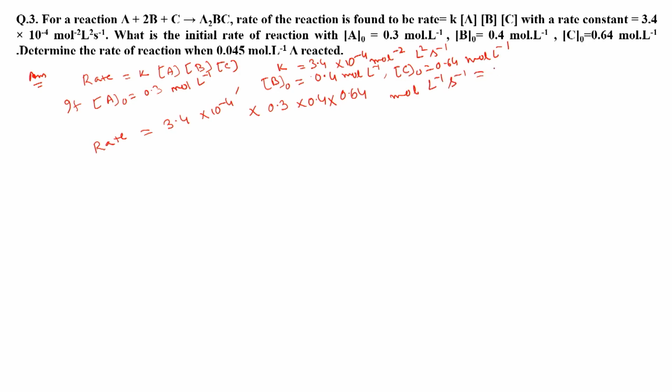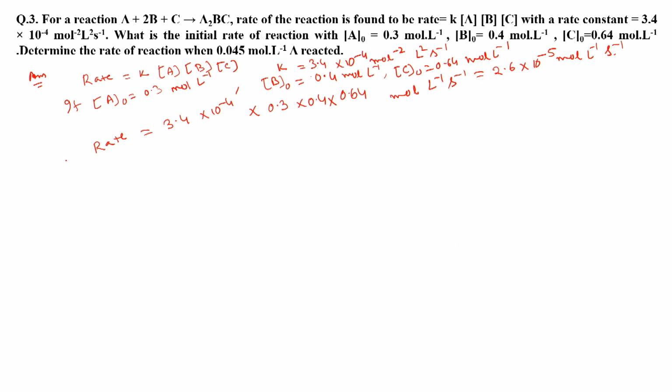So if we do it, we get basically 2.6 times 10 to the minus 5 moles liter inverse, second inverse. This is the rate when initial concentrations are concentration of A naught is 0.3 moles per liter, concentration of B naught is 0.4 moles per liter, and concentration of C naught is 0.64 moles per liter.